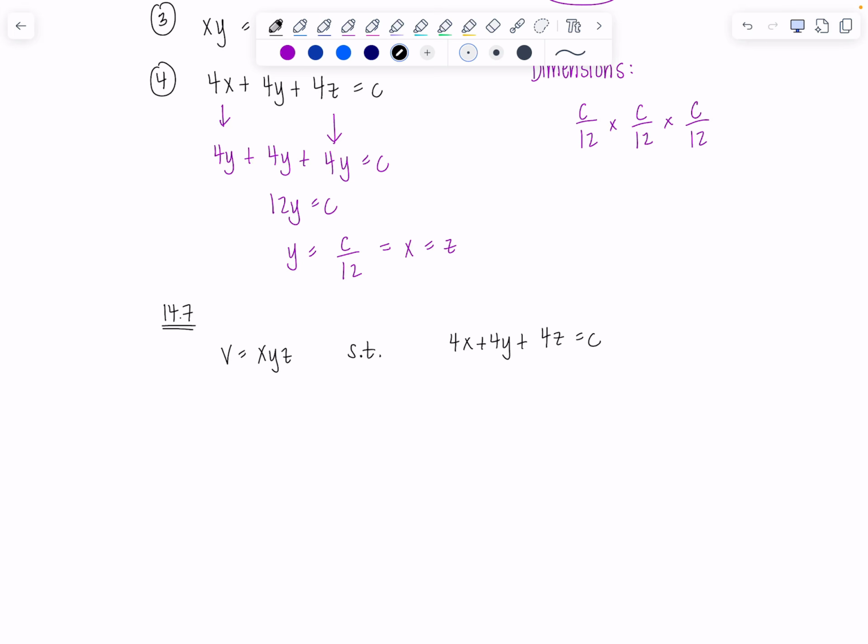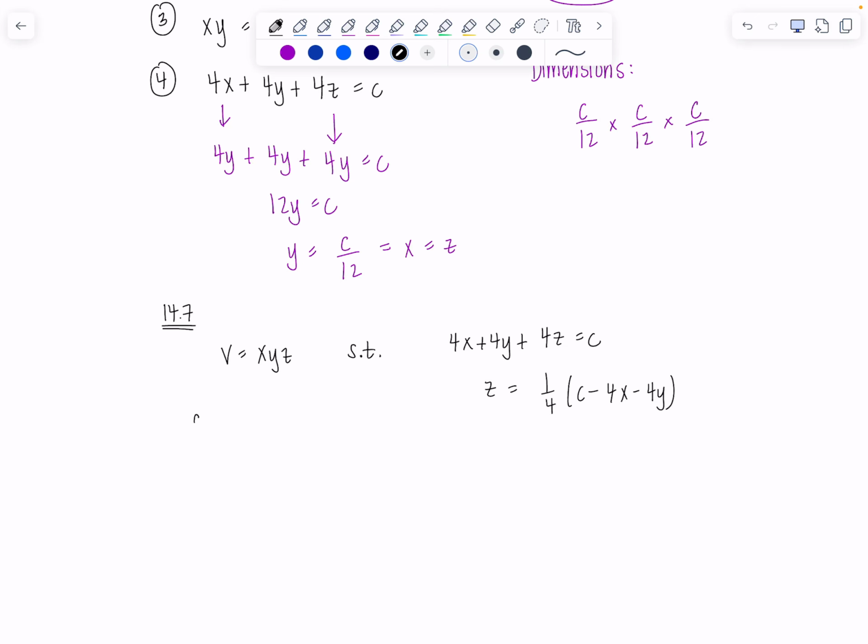So I would say let's solve for z. It's going to be 1/4 c minus 4x minus 4y. Are we okay? Yeah. Okay.